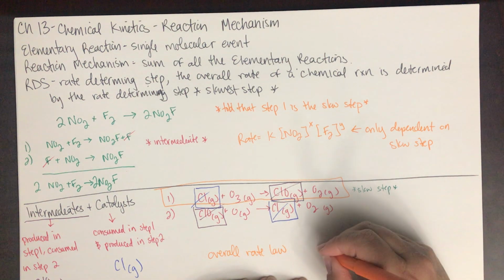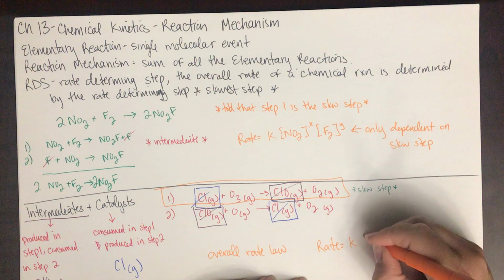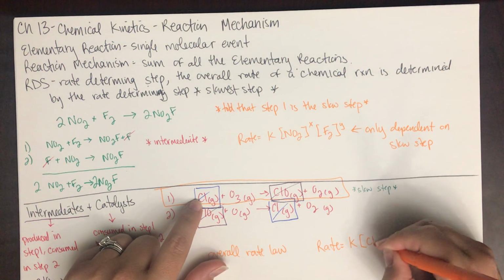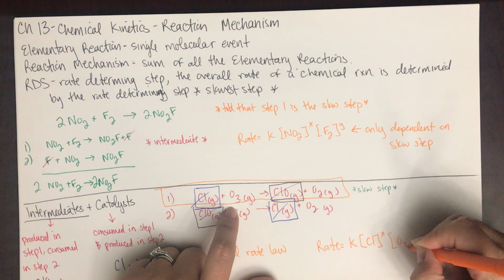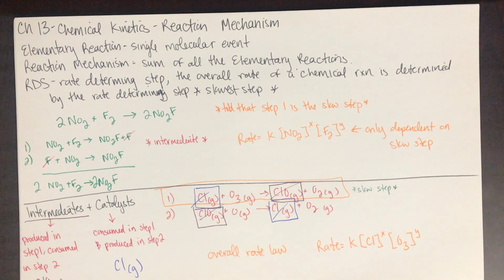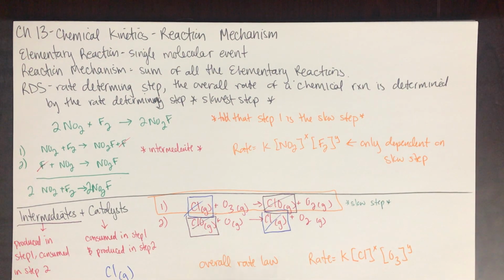So the overall rate law would be rate equals rate constant times the concentration of this chlorine raised to some exponent times the concentration of ozone raised to some exponent. We couldn't determine what these overall orders were without experimental data. So this would be a sufficient answer, the correct answer based on the information that we have.